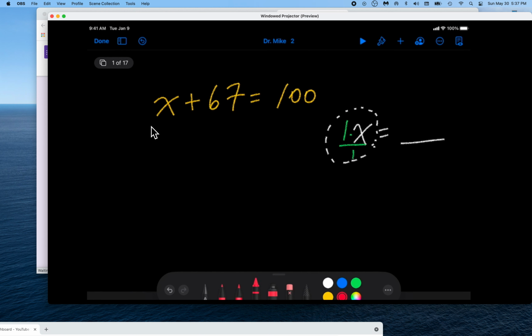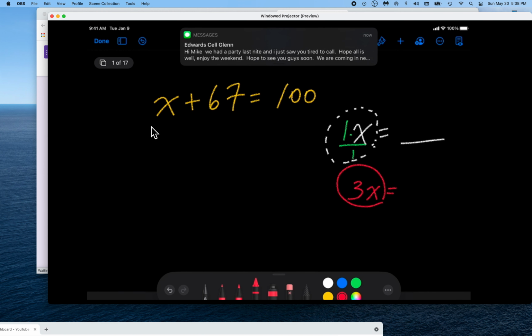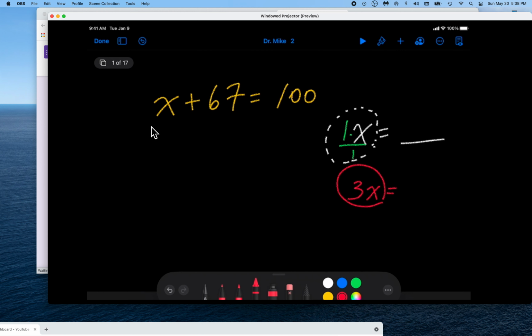Here are some other examples where you have not yet solved for x. If you have 3 times x, that is not solved for x. If you have 2x minus 8, you have not solved for x.